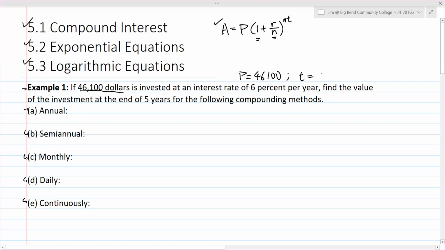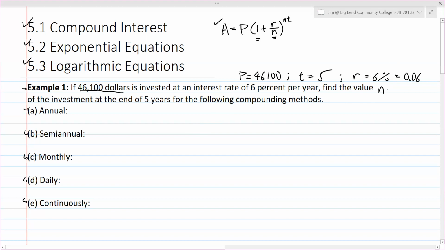T stands for 5 because we have the number of years assigned as 5. And then we have the rate, which is 6% per year. If you divide the 6 by 100, you'll get 0.06. That's how you convert a percentage into a number.